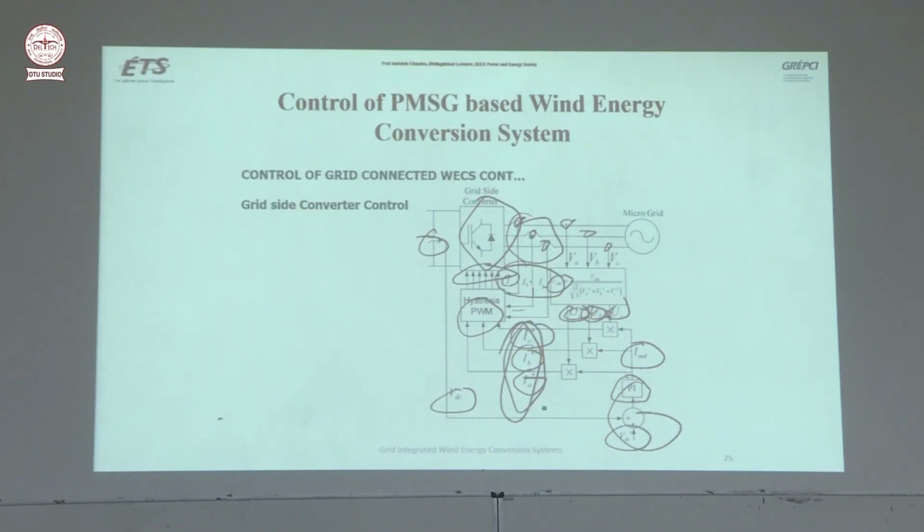Suppose there is a non-linear load here, which is generating harmonics. This control will automatically compensate for the harmonics or current unbalance, not voltage, current unbalance and those things.